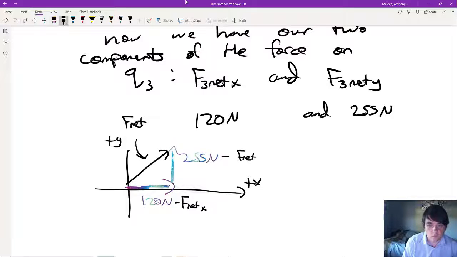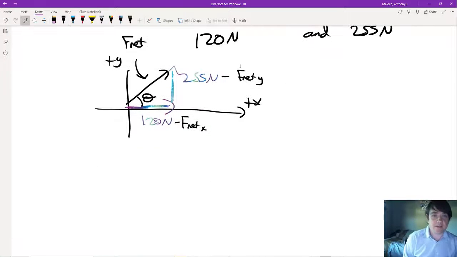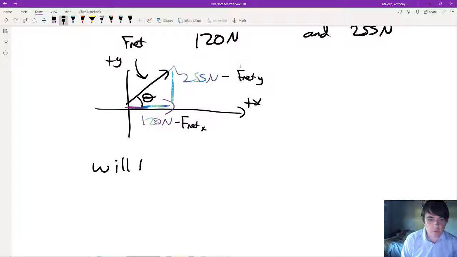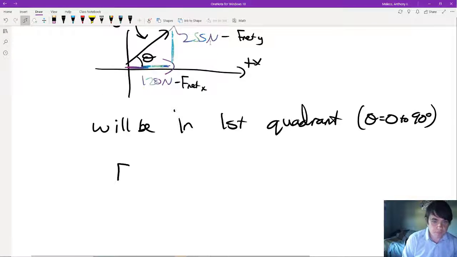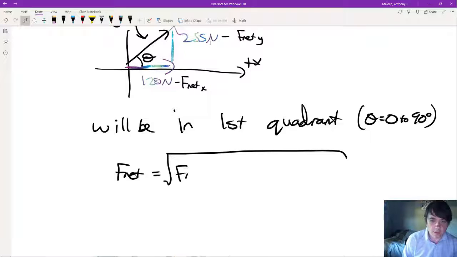This was F net y. Then this will be our angle. So we still need to get F net. Oh, and I was right. It will be in the first quadrant. So when we look for theta, we should be looking from 0 to 90 degrees. So F net, if you guys remember, we're using Pythagorean theorem, so this will be F net, F3 net x. There's a 3 here, sorry.